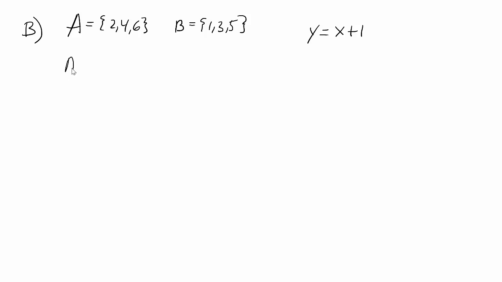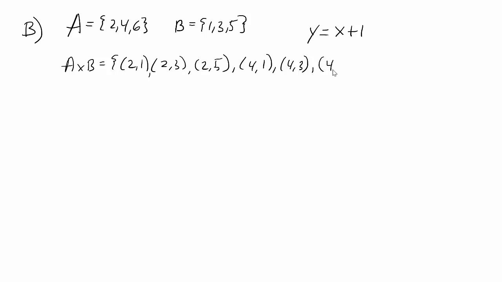So if you think of all the ordered pairs in A cross B, you're going to have (2, 1), (2, 3), (2, 5), (4, 1), (4, 3), (4, 5), (6, 1), (6, 3), (6, 5).